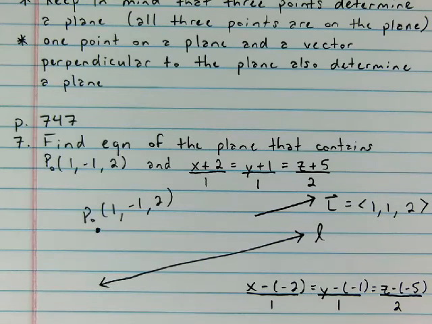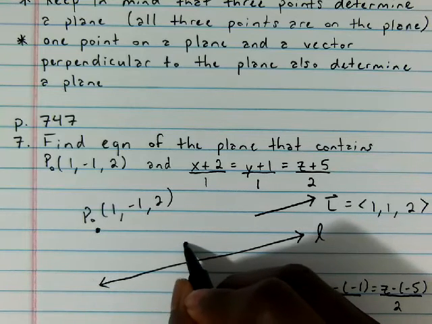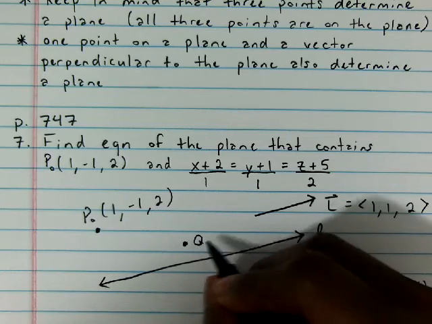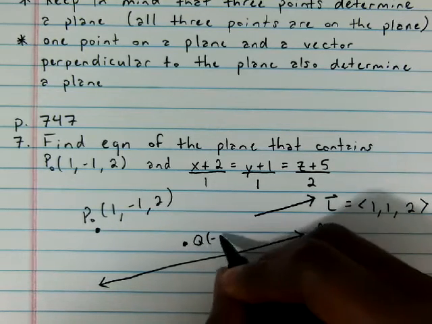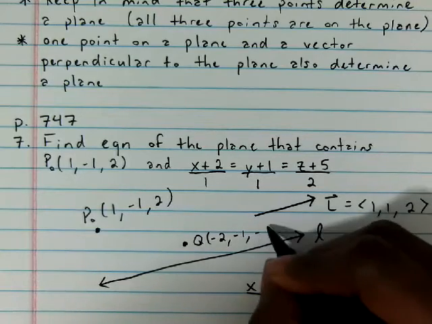So we have a point as well. And again, I'm not being true to where these things are. I'm just putting this together for visual purposes. Negative 2, negative 1, negative 5. To make my life easy, I'm going to put that right here. So let's call it Q. And it was negative 2, negative 1, negative 5.